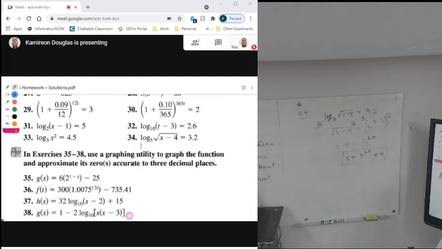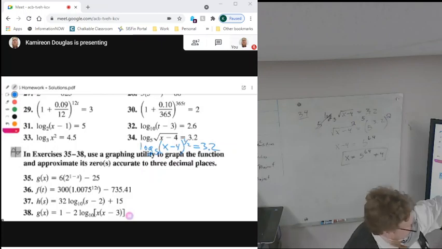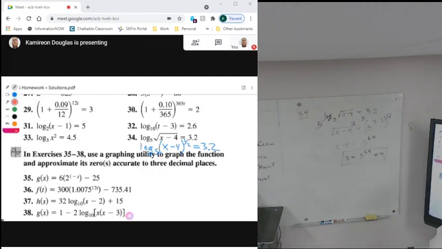Convert it to x minus 4 to the 1/2. Yep. The 1/2 power can move to the outside using logarithmic rules. So 1/2 would move out front: 1/2 log base 5 of x minus 4 equals 3.2.